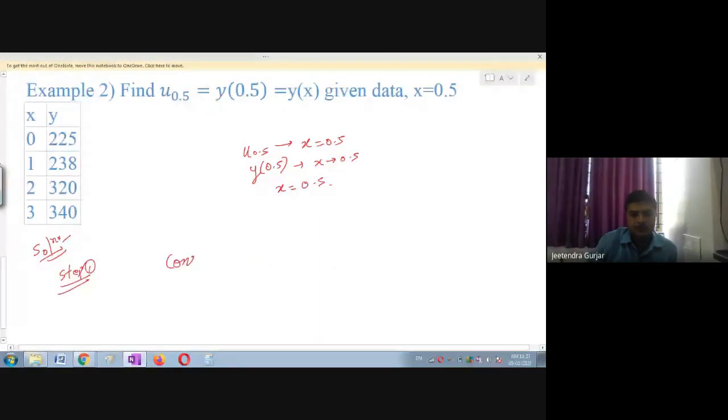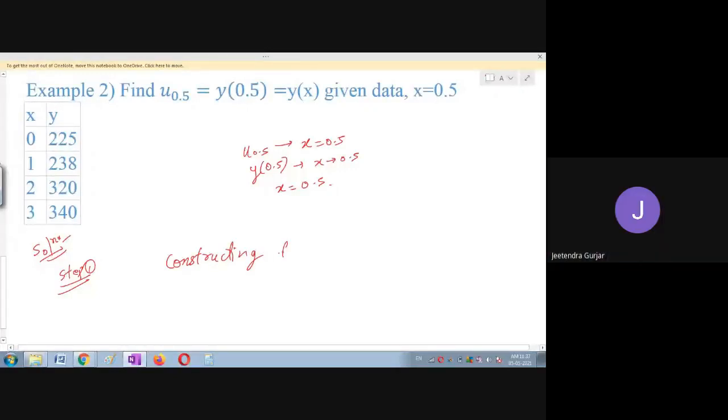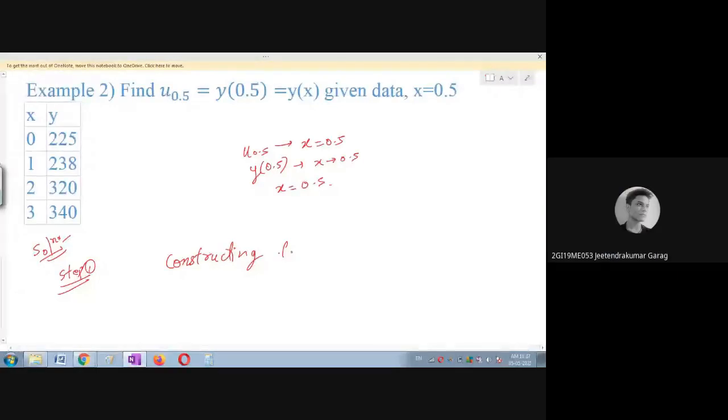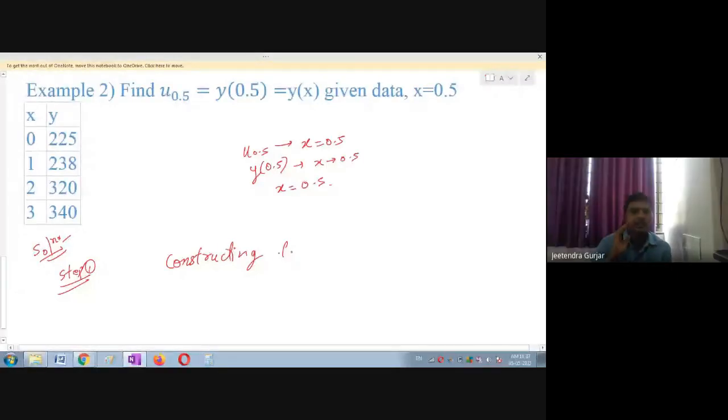Constructing. Please tell me, is it a forward difference or backward difference I have to do? Anyone? Backward difference. Yes, it is backward difference. Everyone agreed? Okay.